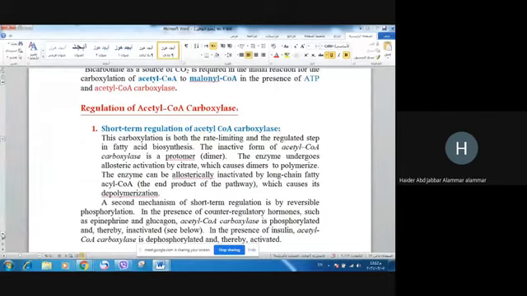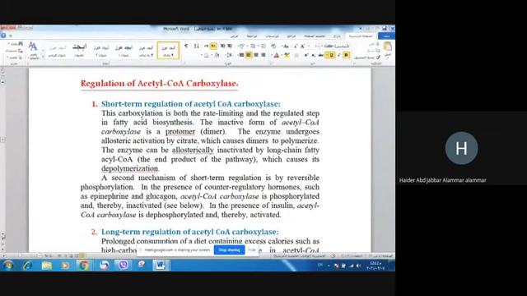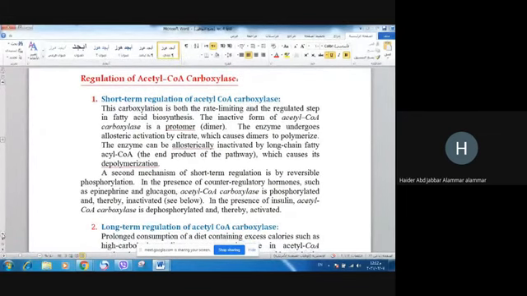By which mechanism can we regulate the activity of this enzyme? We have two types of regulation: the first is short-term regulation of acetyl coenzyme A carboxylase, and the second is long-term regulation. We start by discussing the short-term regulation.